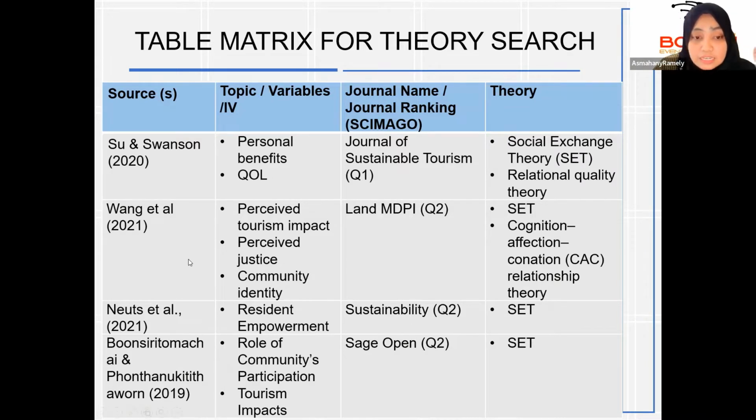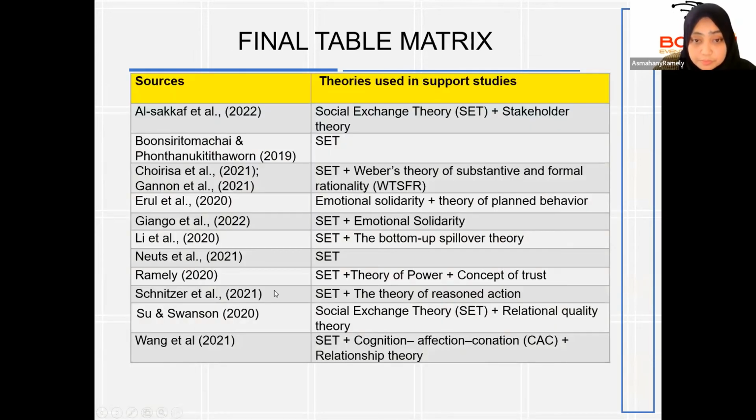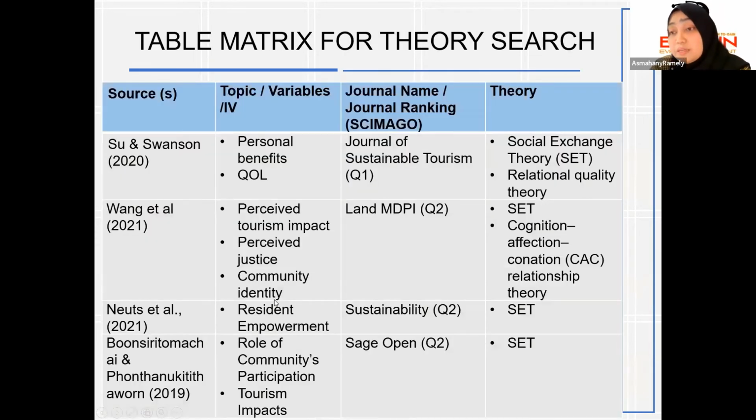If in the second study, Wang et al., they use community identity, the possible theory can be cognition, affection, connection, relationship theory. But if the author decided to use another variable, perhaps the theory may be different.